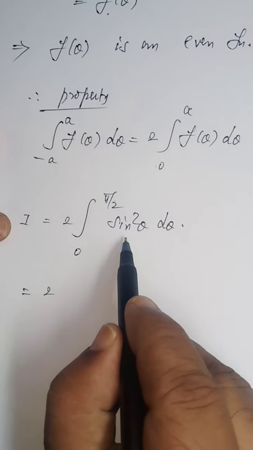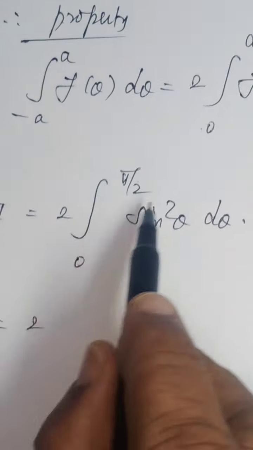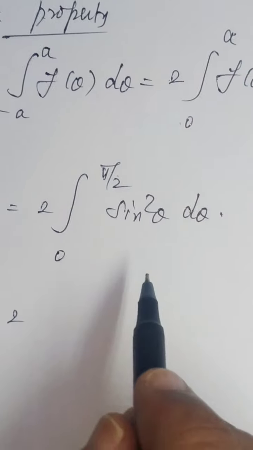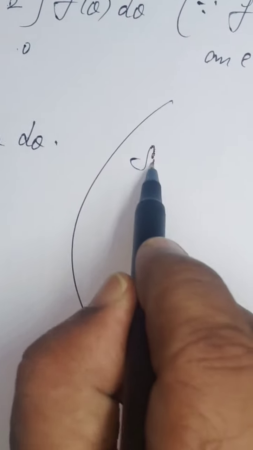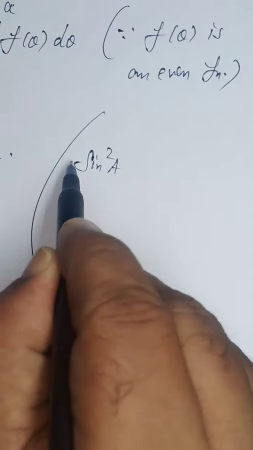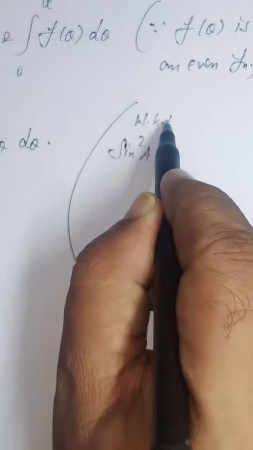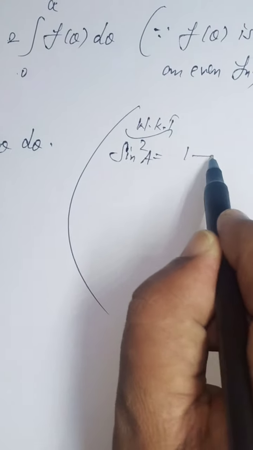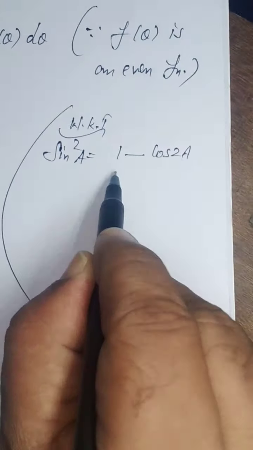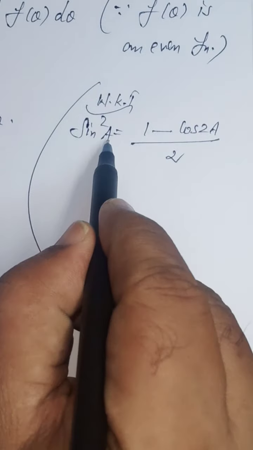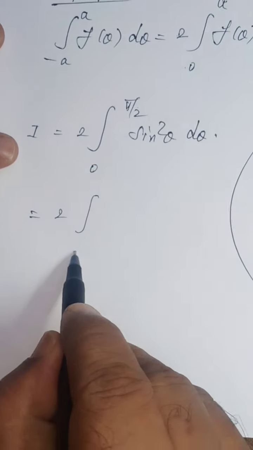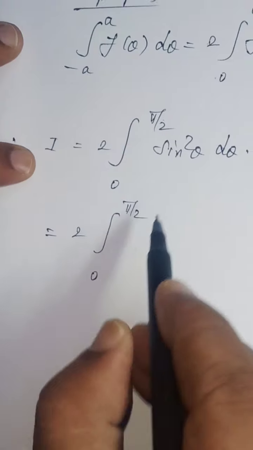Particularly in integration, there is no direct formula for sine squared theta. So, what to do? You have to apply a trigonometric formula for sine squared theta. Sine squared a equals, we know that, 1 minus cos 2a whole divided by 2. That is the formula for sine squared a. Instead of a, what is the angle here? Theta. Therefore, write 0 to pi by 2 as it is.